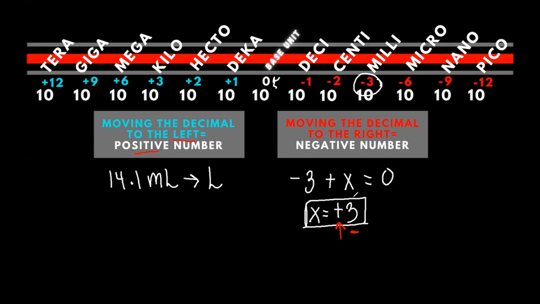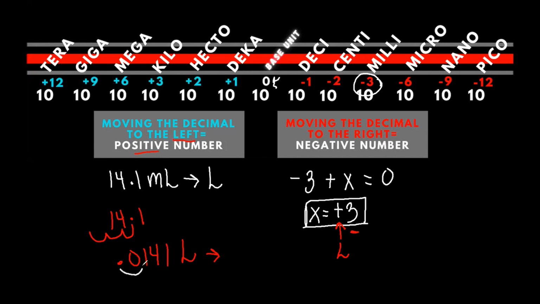So let's go ahead and do that. We have 14.1 and I have to move it 3 times to the left. So 1, 2, 3. My final answer is 0.0141 liters. If they're asking you to use scientific notation, again, you will take that decimal and you move it up to the point that you have 1 digit in front of that decimal, and that digit has to be between 1 through 9.